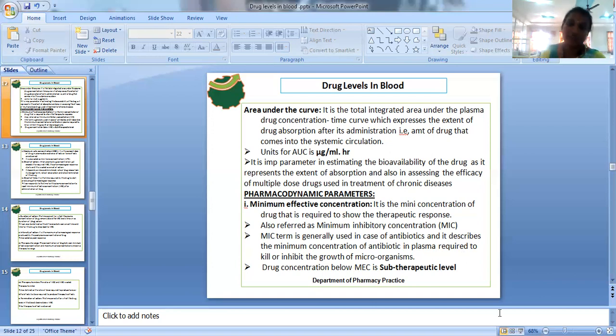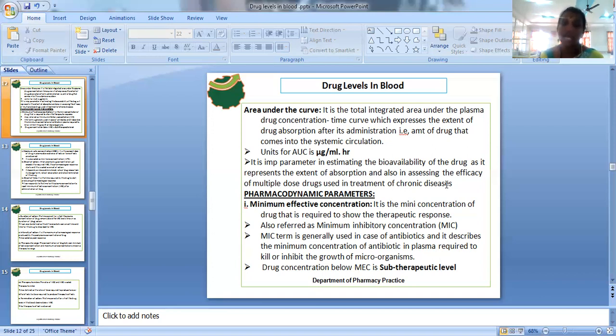Next are the pharmacodynamic parameters. The first one is the minimum effective concentration, also said to be the MEC or MIC. It is the minimum concentration of the drug required to show the therapeutic action. Suppose you are administering 500 mg of the drug, and the peak plasma concentration shows at 200 mg or 300 mg somewhere.